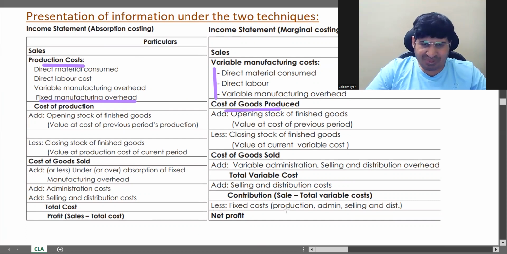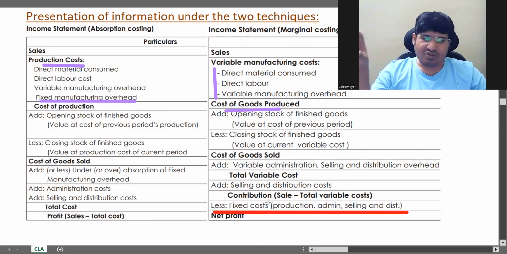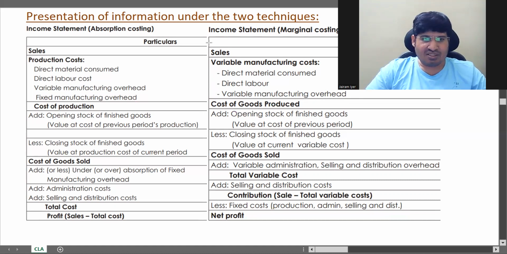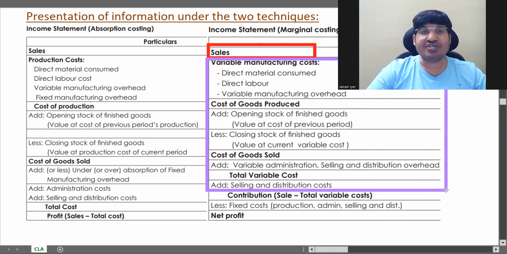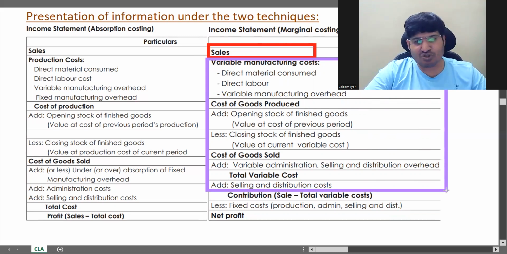Here you can see all fixed production, administration, and selling are added together, and you put it as total F. So when we use the marginal cost statement, this is your S. And this entire part, and selling and distribution, is what we write as V in your marginal cost statement, which I'm showing in violet here.